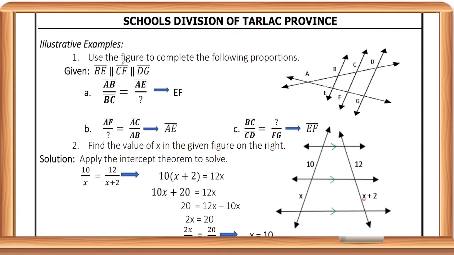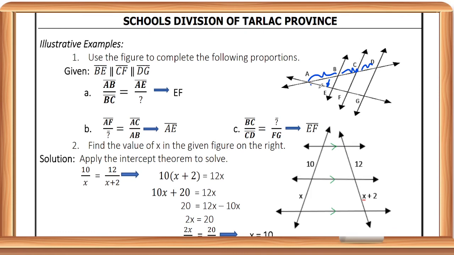So let's have an illustrative example from your module. The figure is shown here. These are the parallel lines, and these are the two transversals. The corresponding part of this is this one.